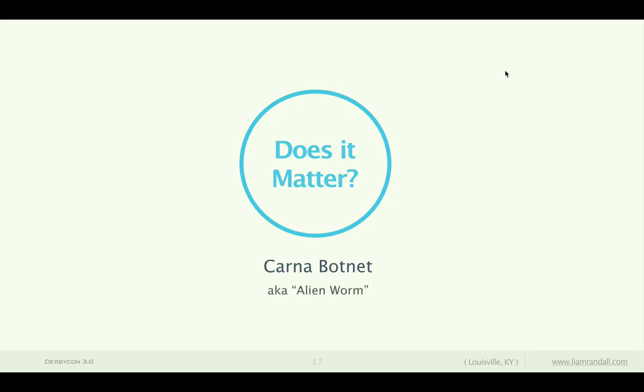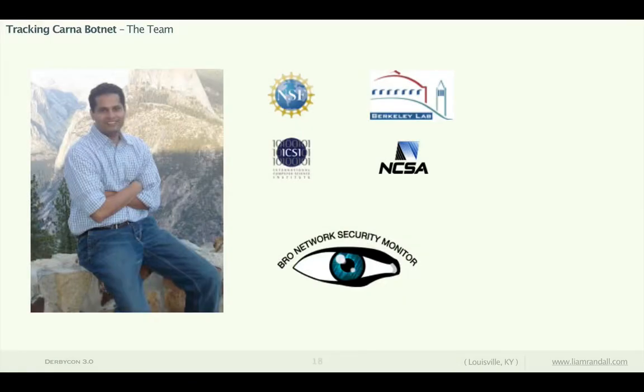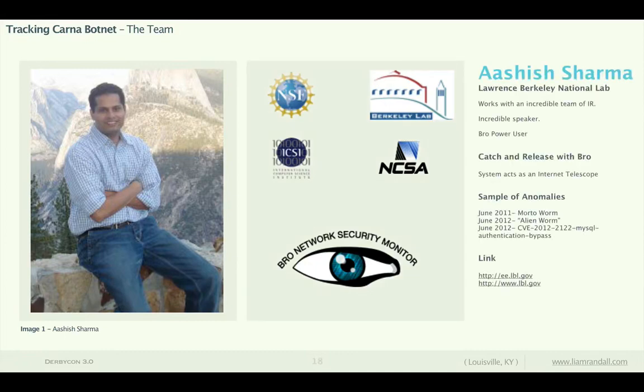In early 2012, a study was released called the Carna Botnet, or the Great Internet Census of 2012. Internally, a team at Lawrence Berkeley National Lab referred to it as the alien worm. There is a very bright group of individuals out there, and an especially bright individual named Ashish Sharma works on an incredible team of incident responders.